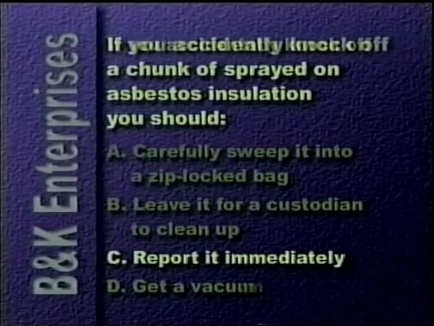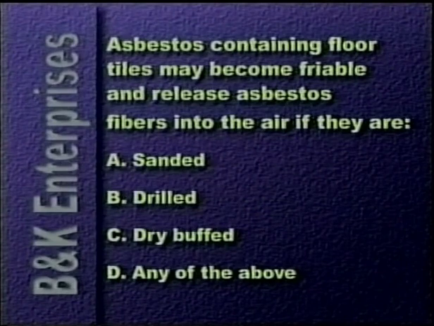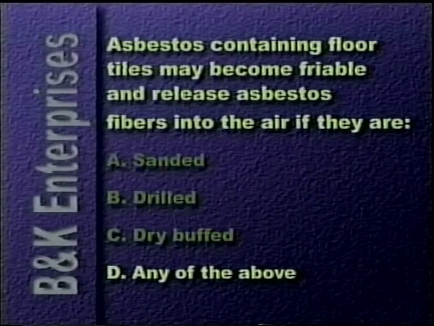Number 7. Asbestos-containing floor tiles may become friable and release asbestos fibers into the air if they are A, sanded, B, drilled, C, dry buffed, D, any of the above. The correct answer is D, any of the above.